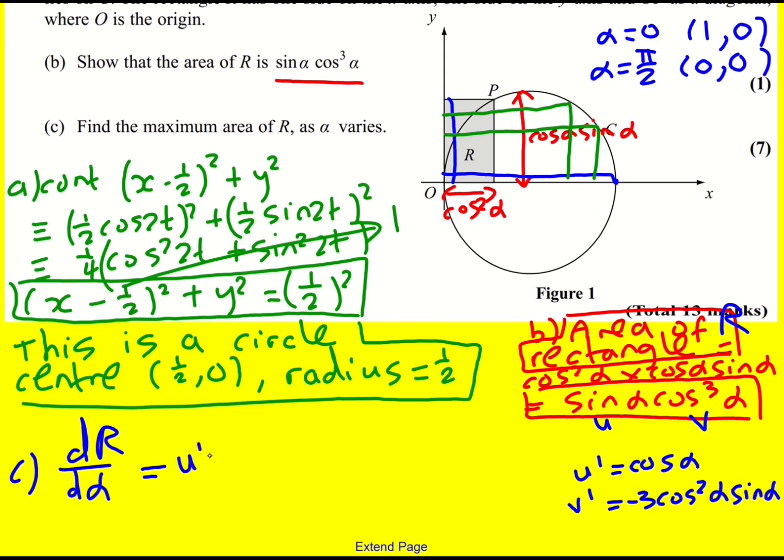So then it's u dash v plus u v dash, which gives cos alpha times cos cubed alpha, so that's cos to the 4 alpha, plus u, sine alpha, times minus 3 cos squared alpha sine alpha, so this becomes minus 3 cos squared alpha sine squared alpha.